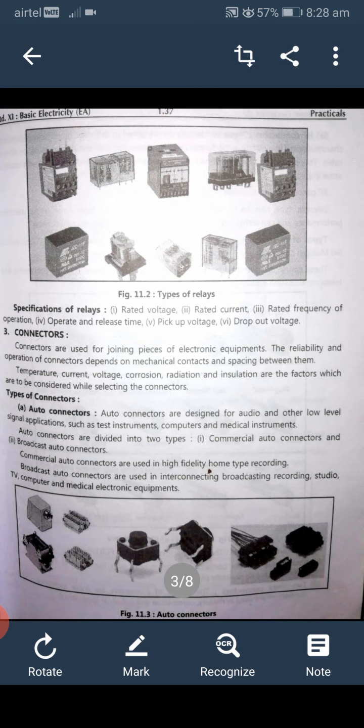Commercial audio connectors are used in high fidelity home type recording. Broadcast audio connectors are used in interconnecting broadcasting recording studios, TV, computers and medical electronic equipment. The diagram of audio connectors is shown in the figure below.